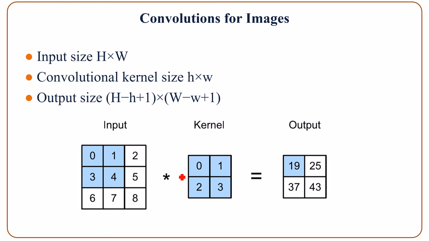Now let's see how we can compute convolutions for images. So here let's say we have an image with a size of 3 by 3, and a convolutional kernel with a size of 2 by 2.